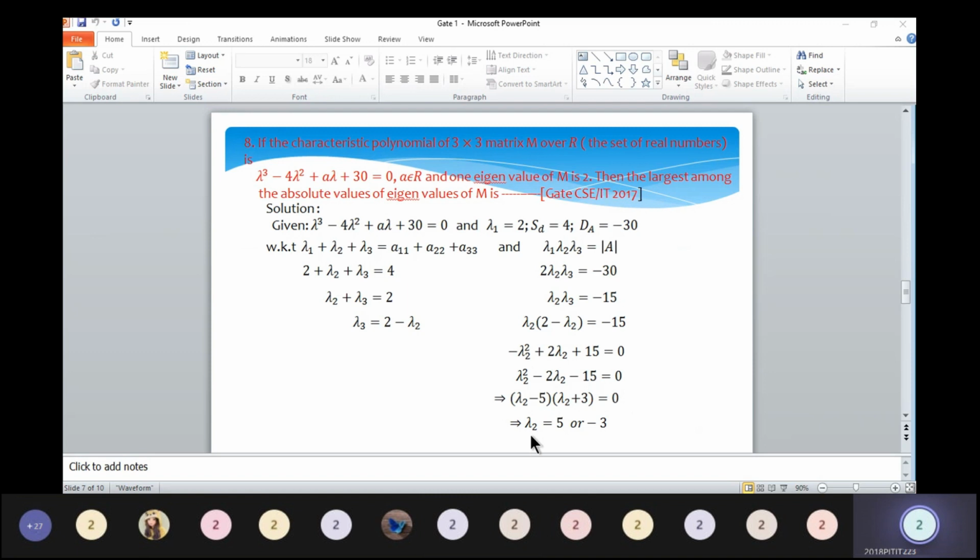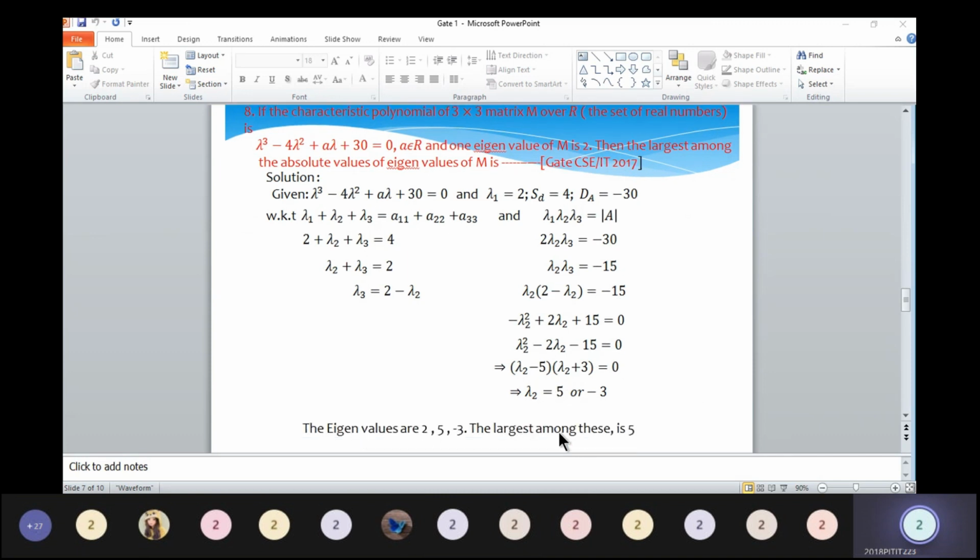Lambda 2 equals 5 or minus 3. Among these, what they are asking is the largest among the absolute values of the eigenvalues of the matrix. The largest absolute positive value is 5. 5 is the answer.